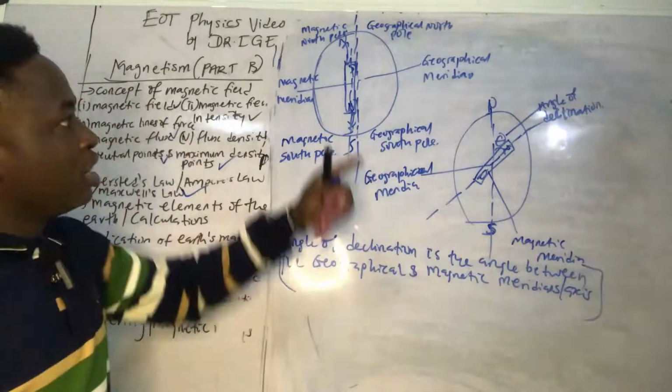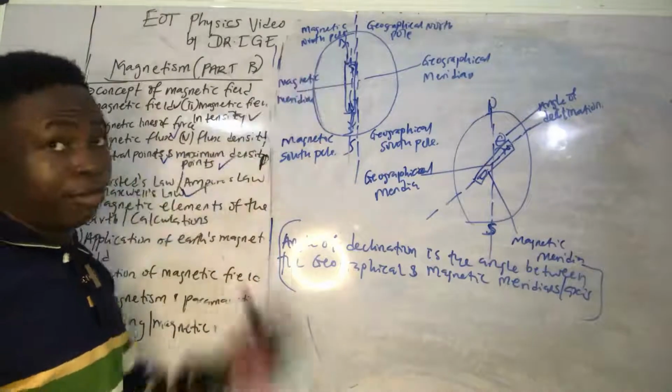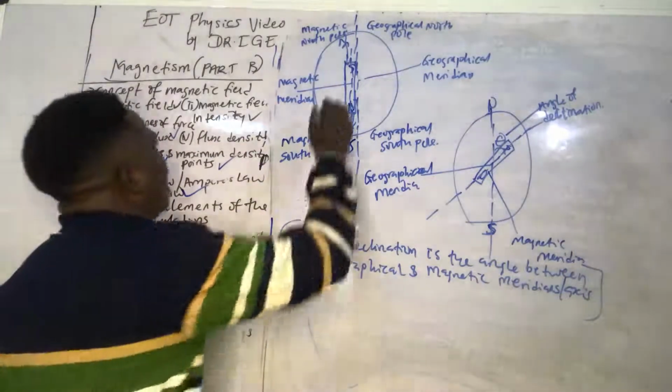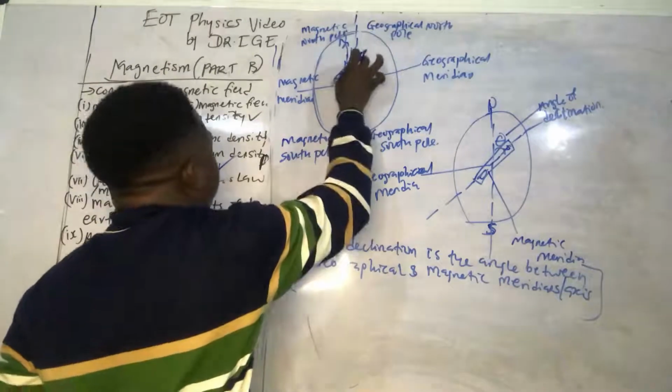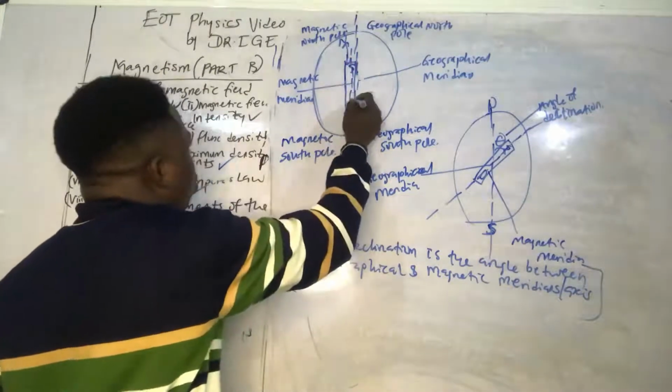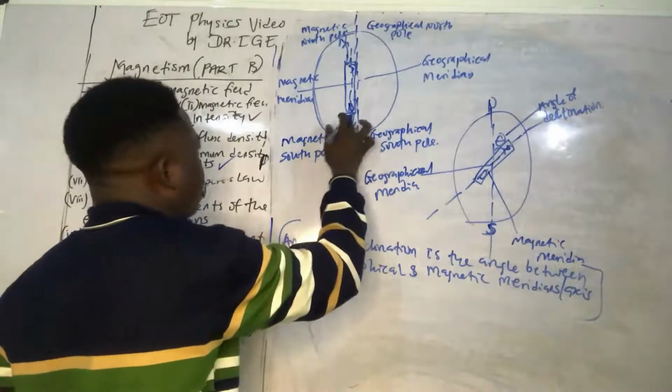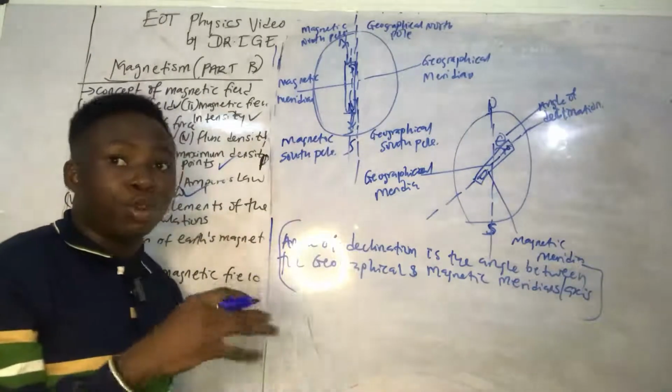So the angle between them. Now the reason why we're not having the angle of declination here is because, please take note that at the north pole, you see this magnet, the geographical meridian and the magnetic meridian are actually kind of coinciding. They are very close. There's no angle between them.